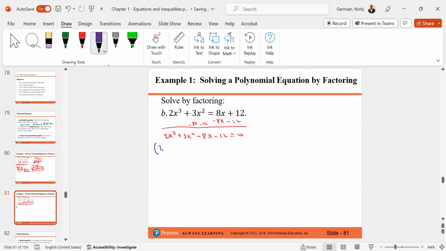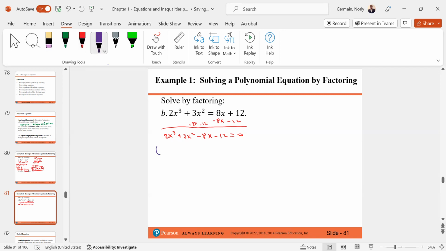If I combine the first two, 2x cubed plus 3x squared, and the second two, negative 8x minus 12, I could do it differently, but I see different ways of doing it, and it's still going to work perfectly well.